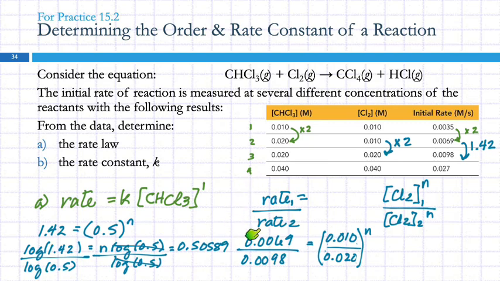Rate 1 over rate 2, concentration 1 over concentration 2. Does it matter if they're flip-flopped or not? When you divided 69 by 98, you got a number bigger than 1? That's what I did. Yes, thank you.